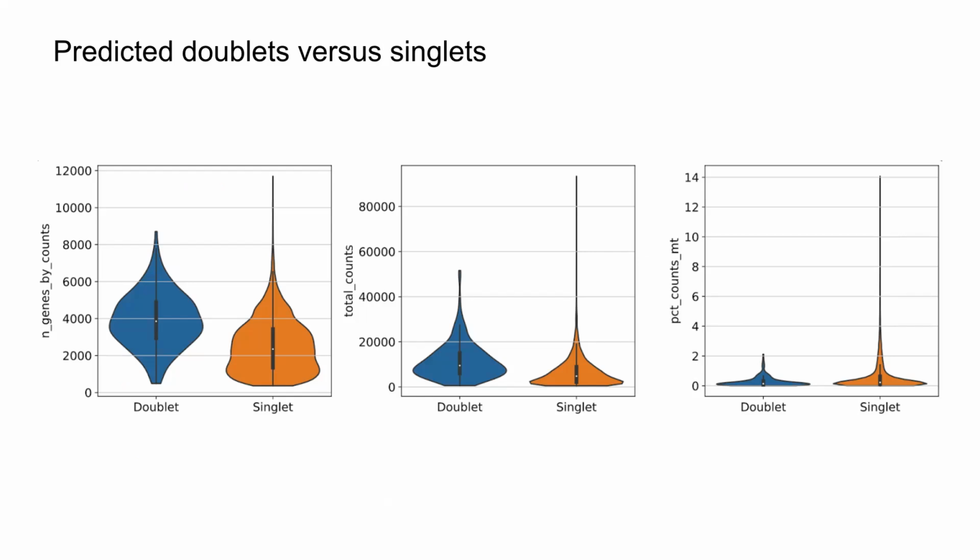So two things are added to your AnnData: a score and a Boolean of just true or false. A lot of people probably just trust it and think, oh cool, I have this true and false, I'm just gonna get rid of everything that's a doublet, right? Well, the example I'm gonna show you, it only said there's like one doublet, which is probably not true based on their cutoff.